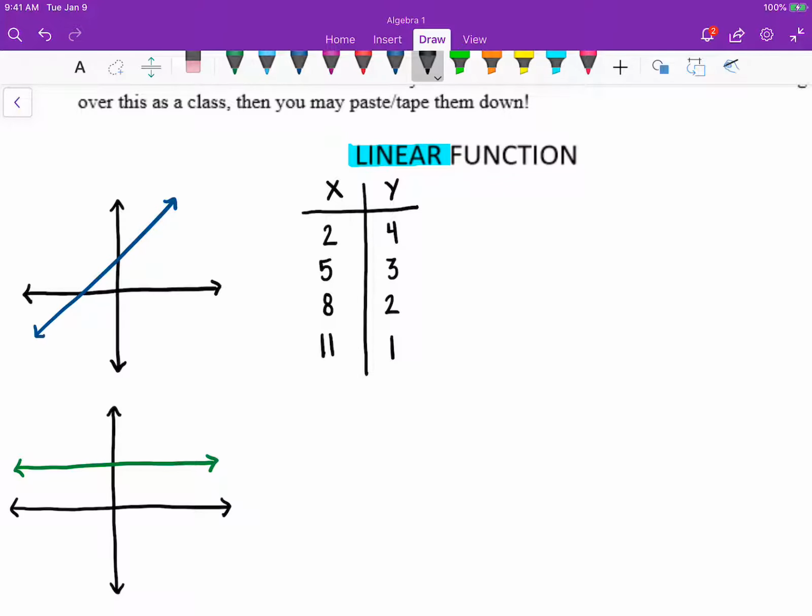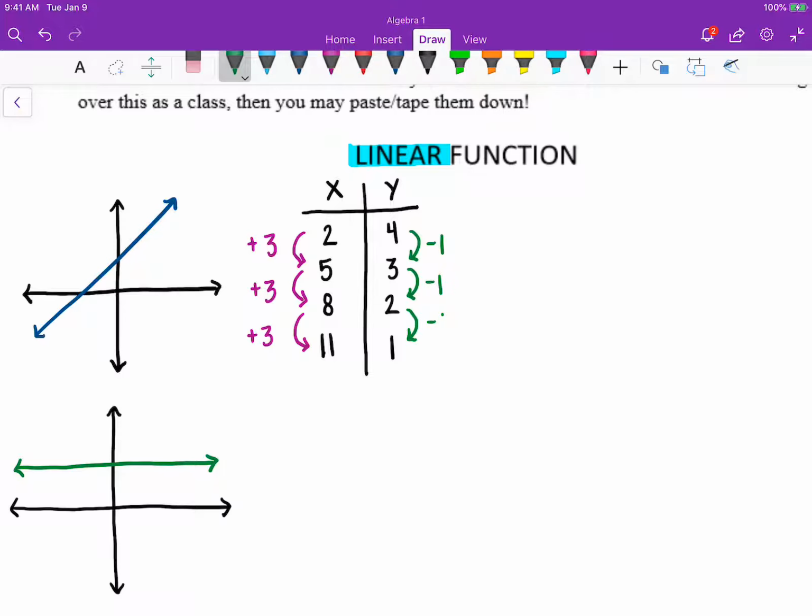But to tell whether it's a linear function, I have to look at what the x's are going up or down by. From 2 to 5, it's going up 3, so plus 3. Then from 5 to 8, it's going up 3 again. And from 8 to 11, it's going up 3 again. Then I look at the y column as well. From 4 to 3, it's going down 1. 3 to 2, it's going down 1 again.